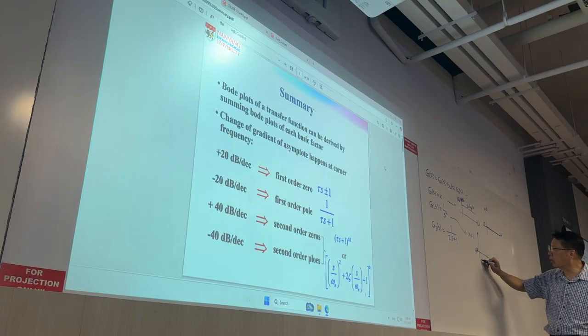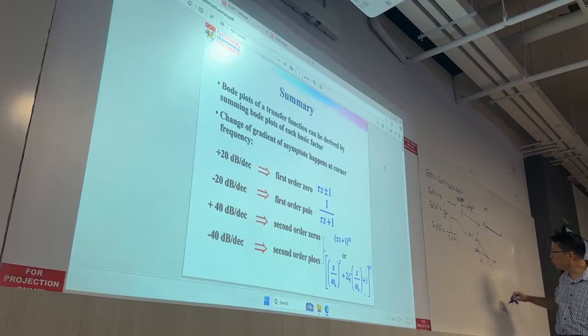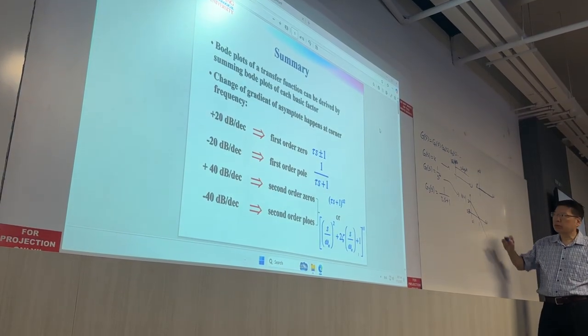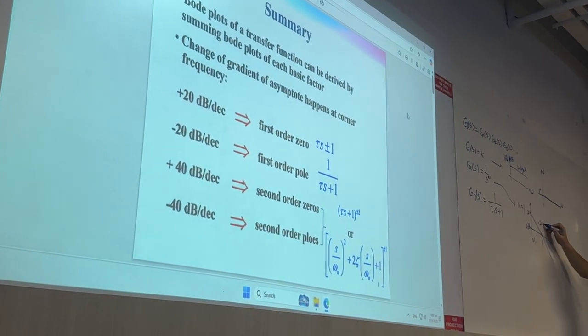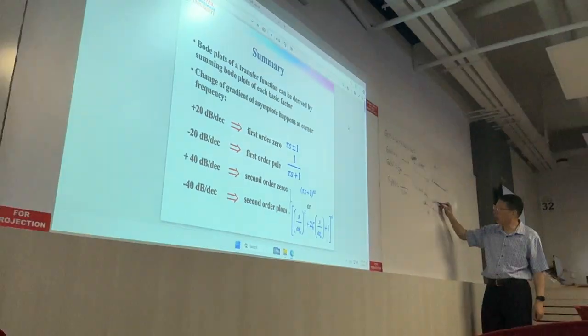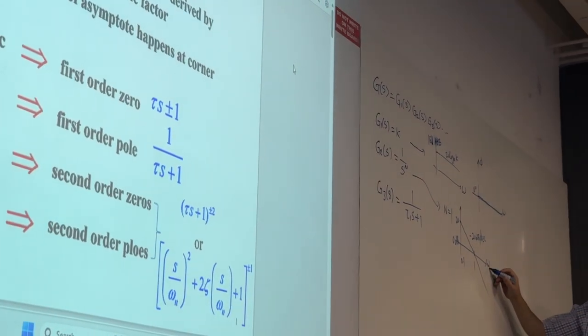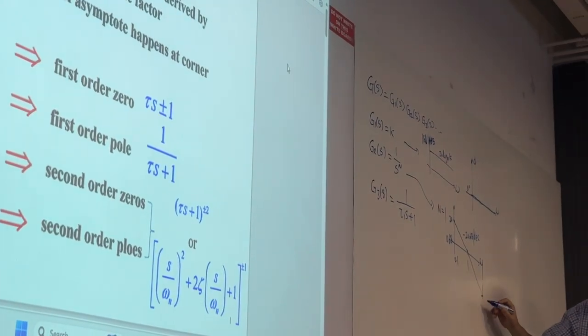One decade later, at 0.1 it is 20 decibel, and so on. In one decade it will reduce by 20 decibels, so this is called a slope of minus 20 dB per decade. At 10, the value will be minus 20 dB.